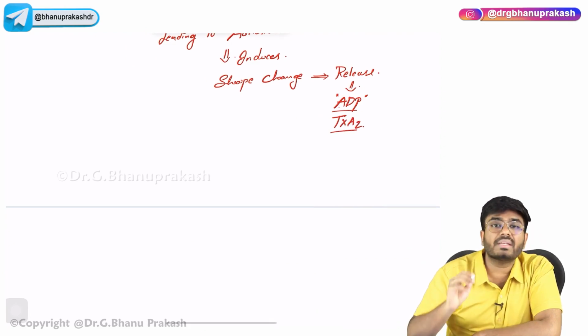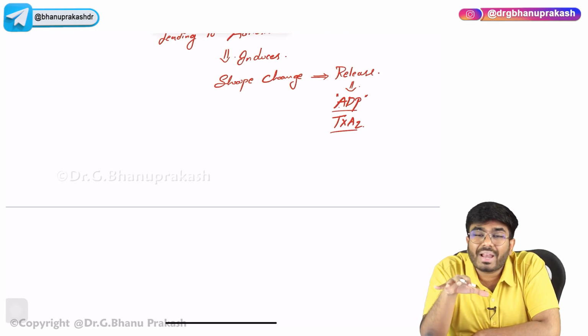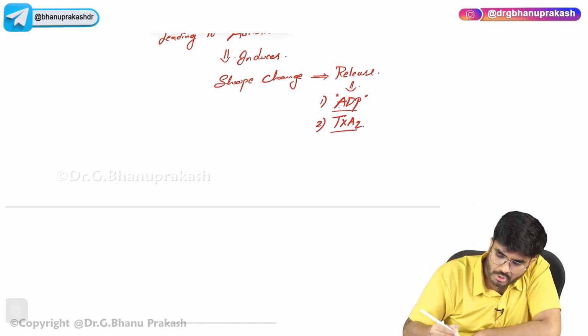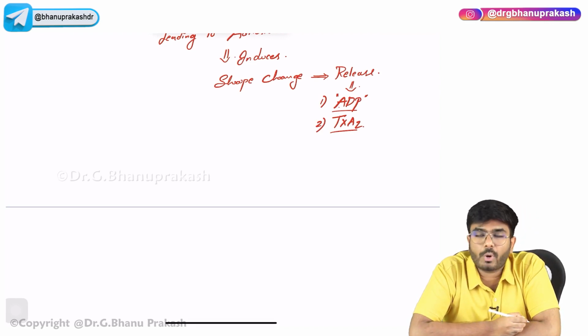So the platelets which have undergone adhesion are now releasing these two substances, which are called ADP and thromboxane A2.